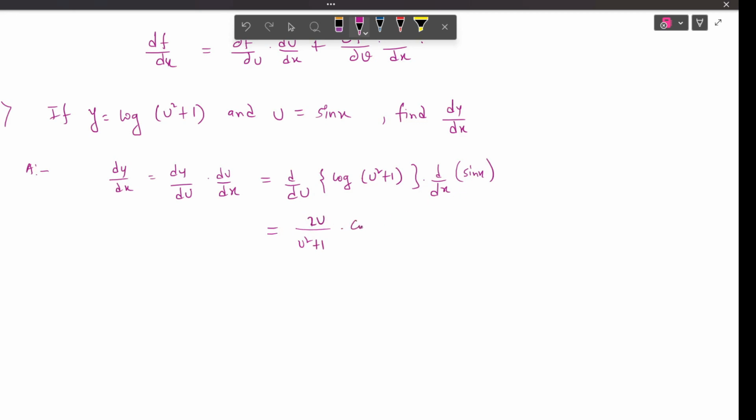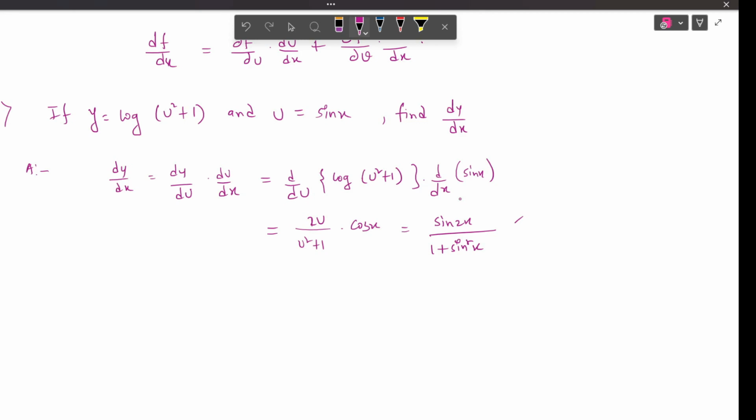Differentiation of sin x is cos x. So u is sin x, so this is 2 sin x cos x, so we can say this is sin 2x upon 1 plus sin square of x. Okay, this is the answer we need.